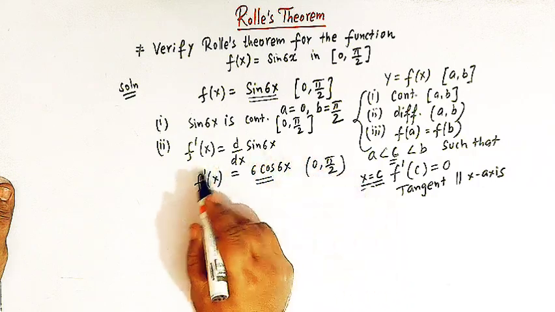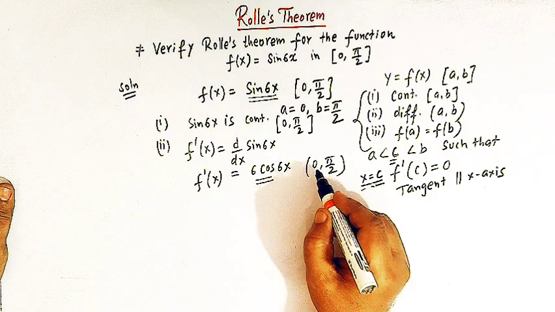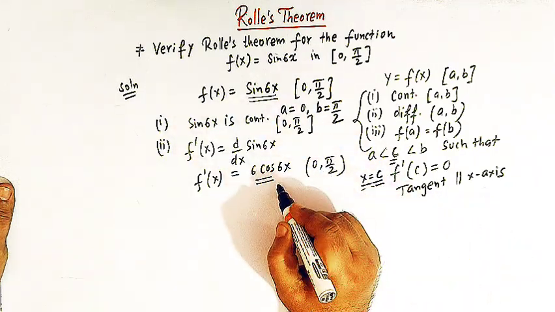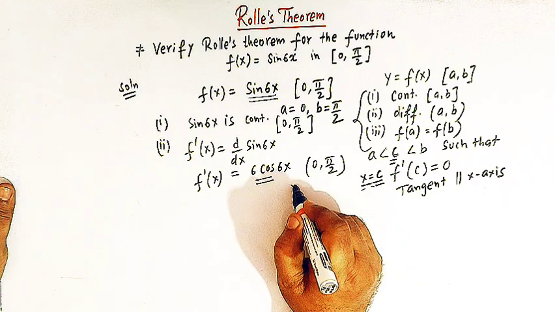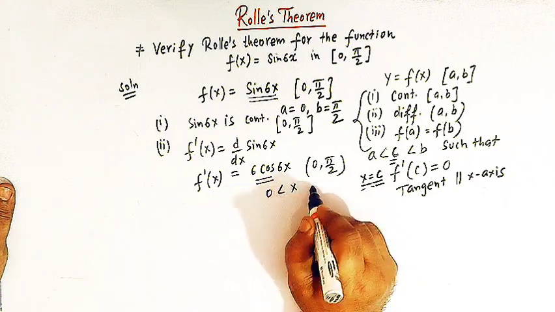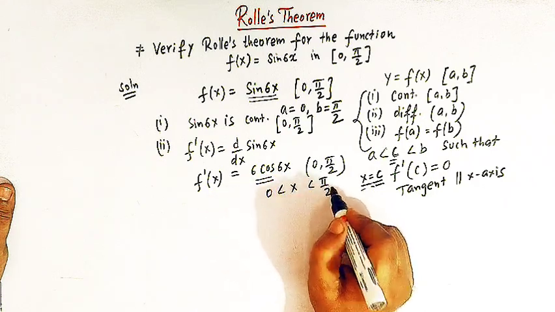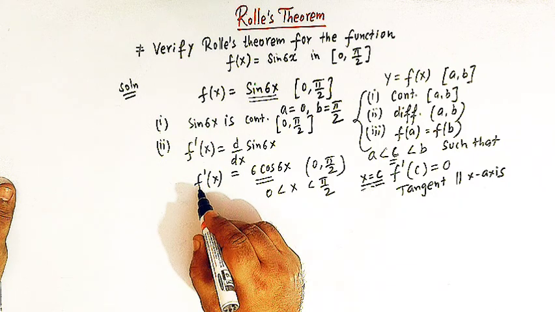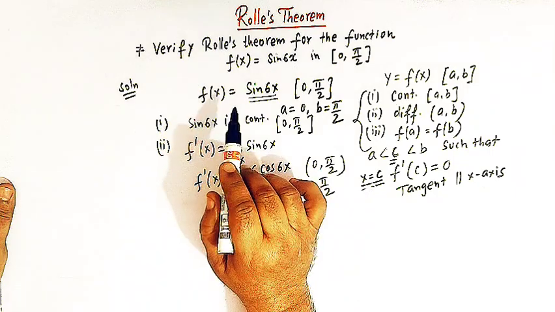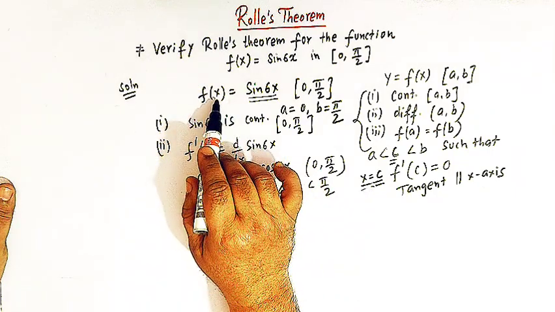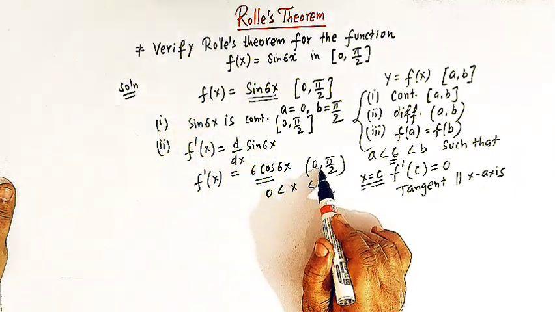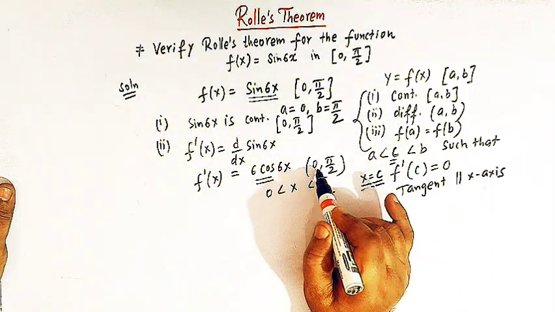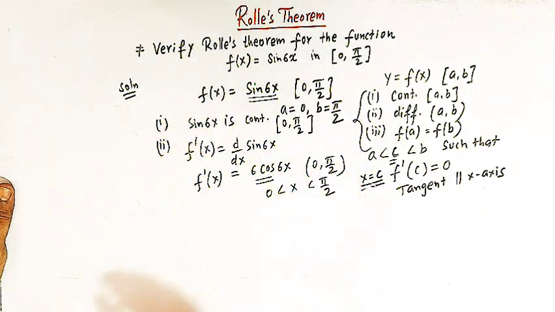So the derivative exists in the open interval 0 comma pi by 2, or in other words, for each value of x lying between 0 and pi by 2, the derivative has a finite value. So the function is differentiable in the interval 0 comma pi by 2.